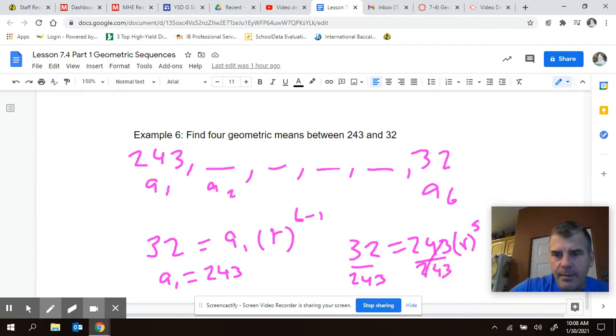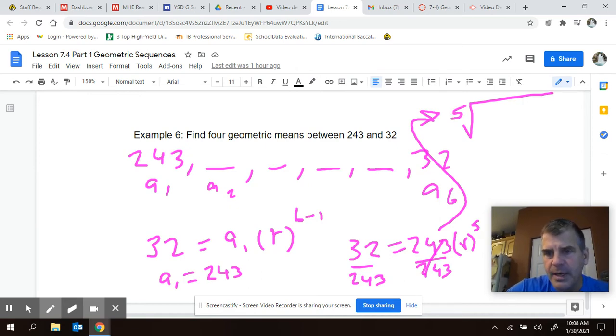And believe it or not, I'm going to move my work up here. We end up with this 5th root. To solve this, we're going to take the 5th root of both sides. So R is going to be equal to the 5th root of 32 over 243. And it's like, what? Yeah, I know.